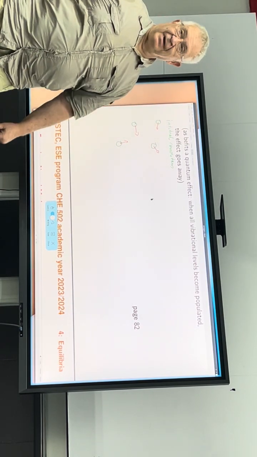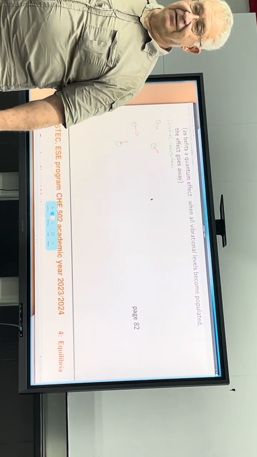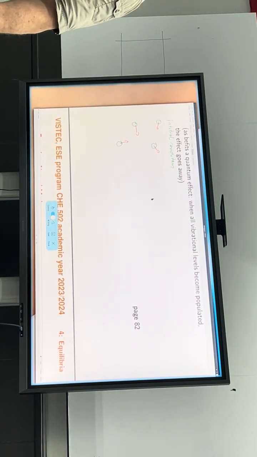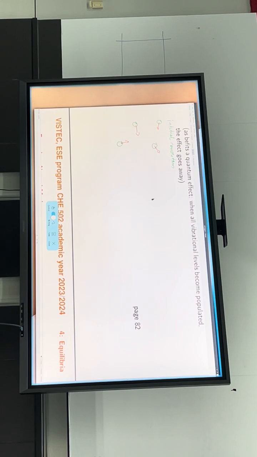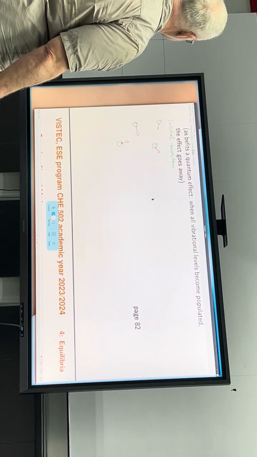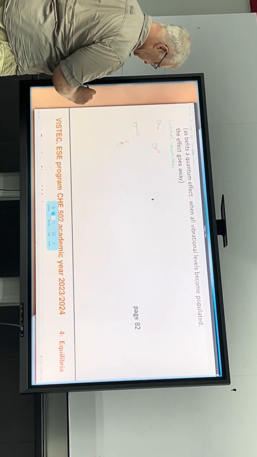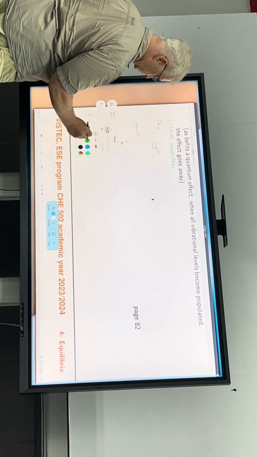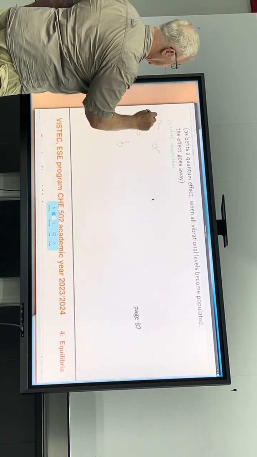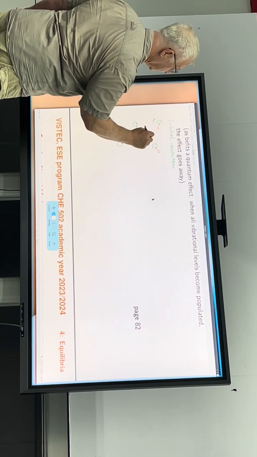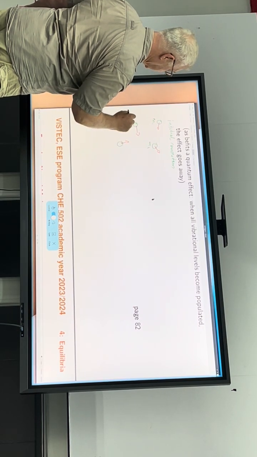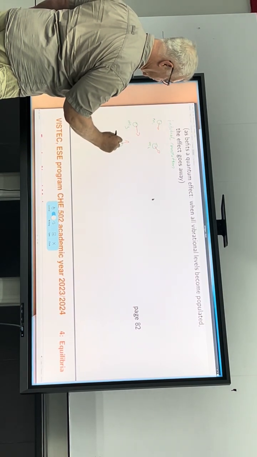So this would be my initial condition. Now, what do I know about this system? Well, I know there are classical masses. So I have M1 and M2 and M3 and M4.